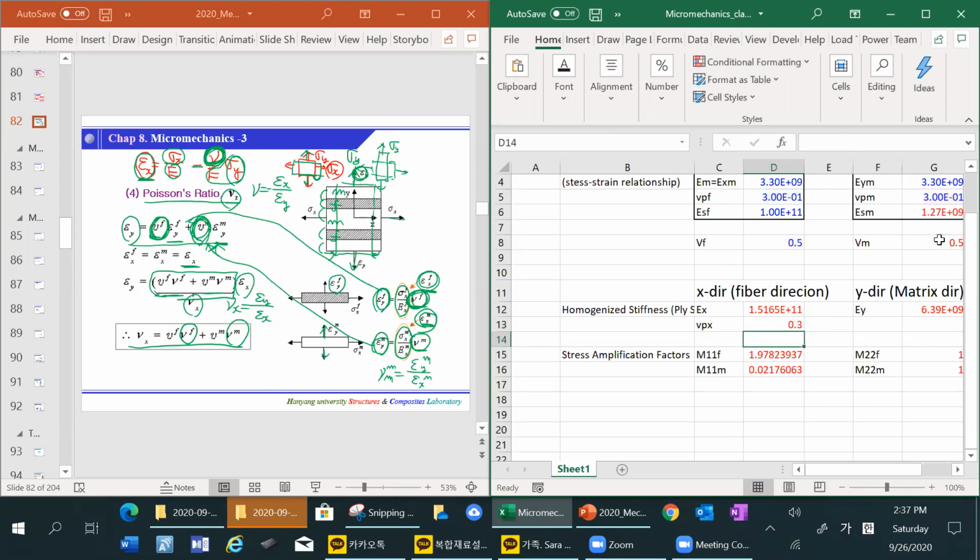Okay, so this is the fiber directional Poisson's ratio given in terms of the fiber and matrix.